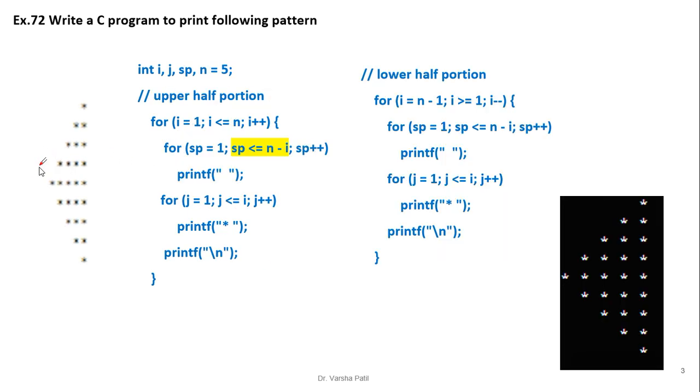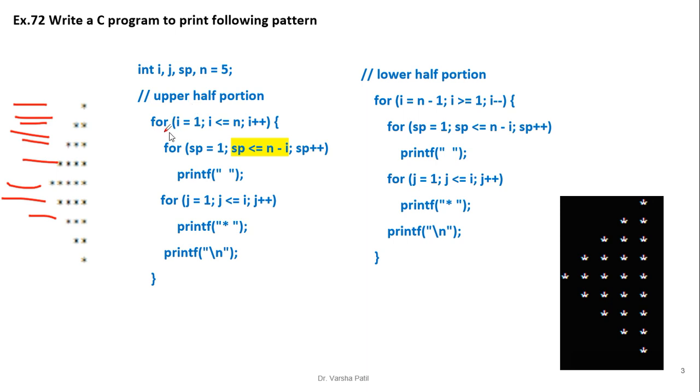Now see, here only one change is there, that is the space. Here space is incremented, here space is decremented, and here space is incremented. Now I have written the program in two halves. That is also okay because it otherwise becomes difficult to handle in a single loop.